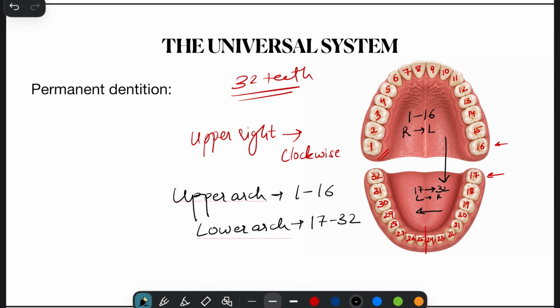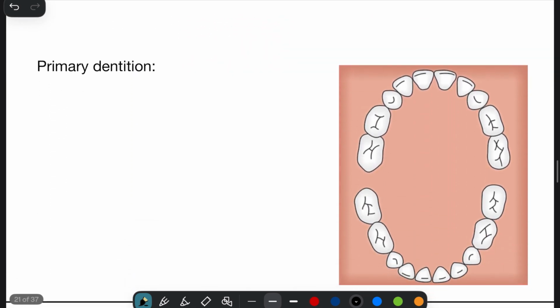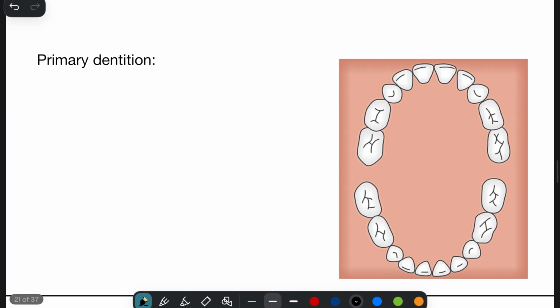Now we can move on to the primary dentition. The primary dentition is labeled with capital letters from A to T. For the upper arch, it's the same: we move from the upper right side, the maxillary right primary second molar, in the clockwise direction.